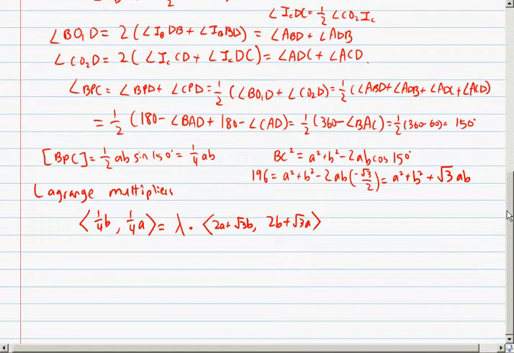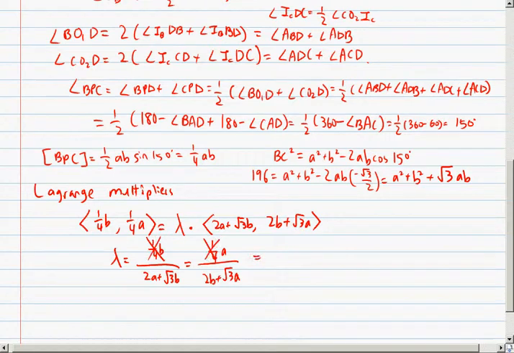So given this gradient equation, we have the Lagrange multiplier equal to 1/4 B divided by 2A plus √3 times B, which also is equal to 1/4 A divided by 2B plus √3 times A. We can cancel out the 1/4 and then cross multiply to get 2B squared plus √3 AB equal to 2A squared plus √3 AB.